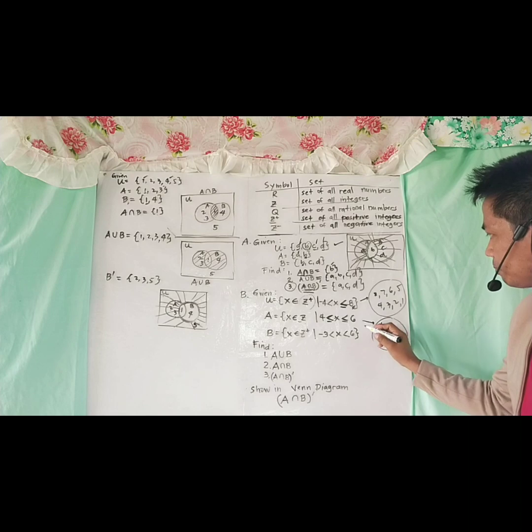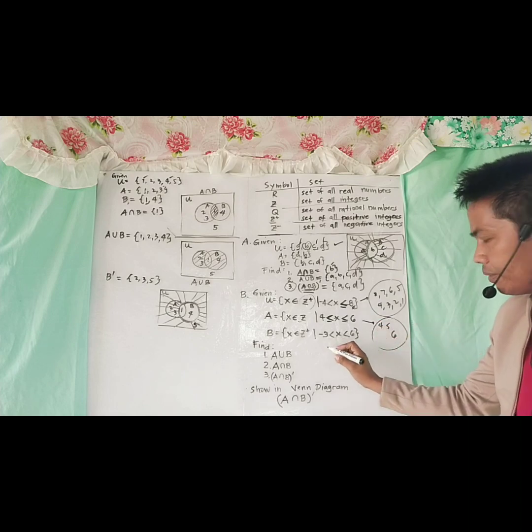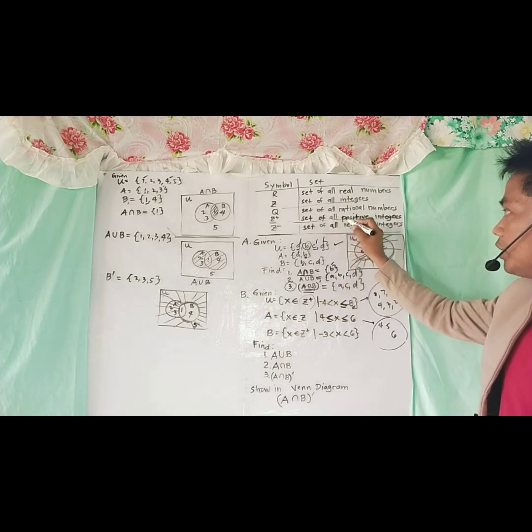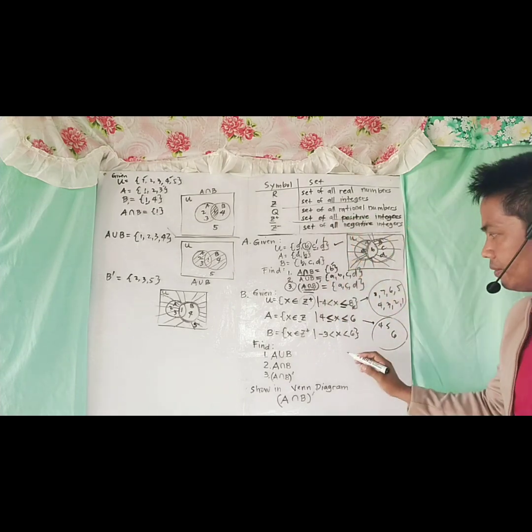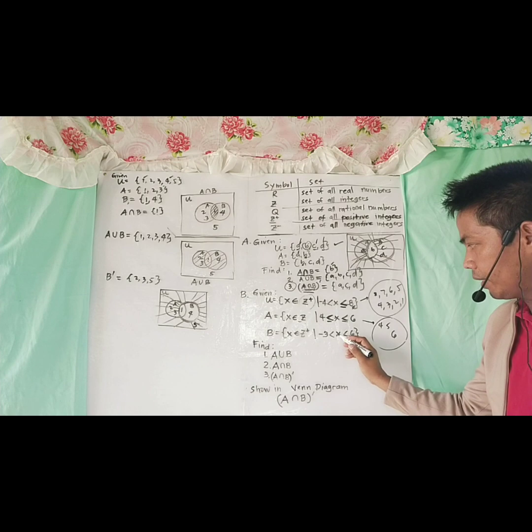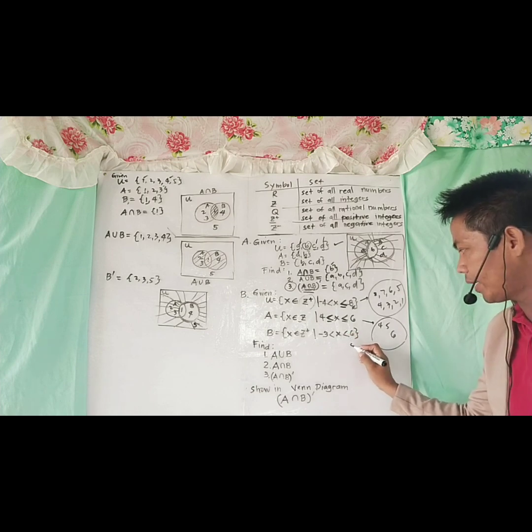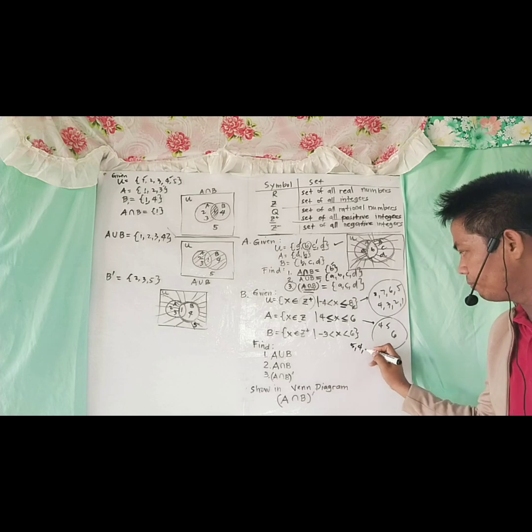For set B, the possible elements are, again, positive integers. The value of x is less than 6. Let's begin from 5, 4, 3, 2, 1.